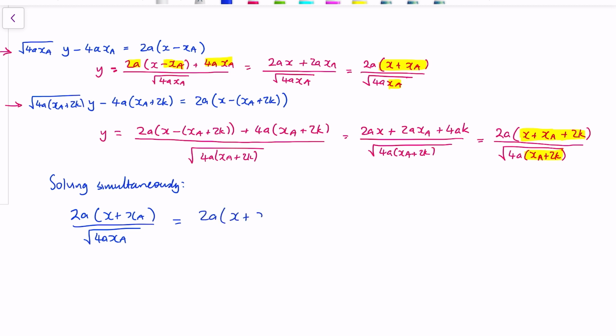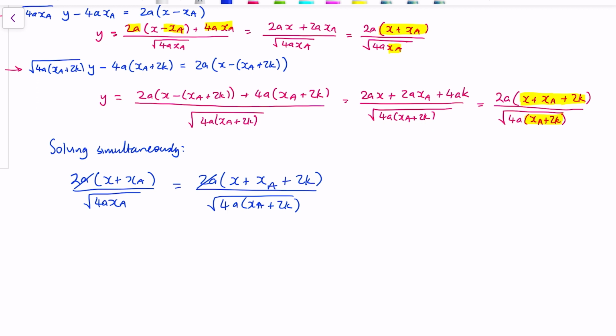This is just to find the x value of p. Cross the 2a's off. Do I want to cross multiply? Yep, I'll cross multiply the thing.